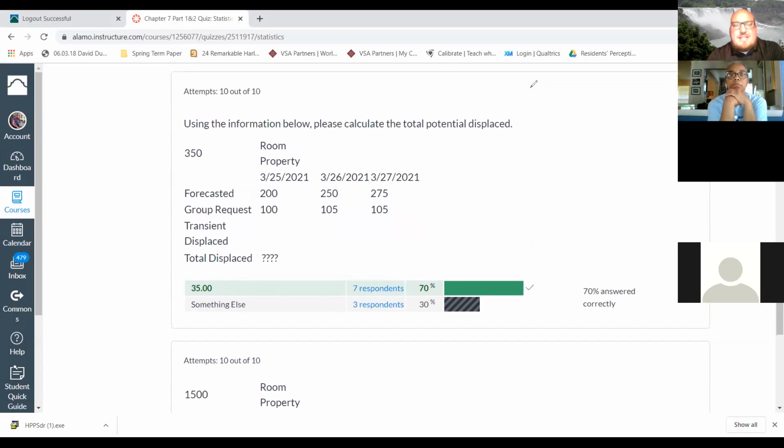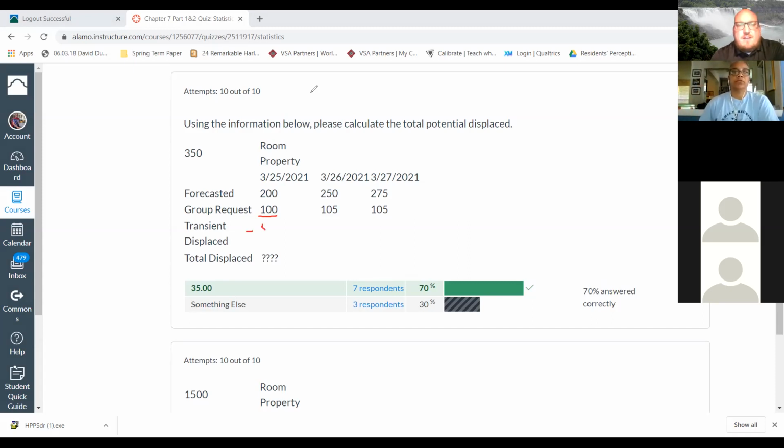This one, I don't know exactly what the something else is, but I'm assuming it's going to be related to one of these that's going to be a negative number, okay? So 200 plus 100 is what? $300. Thank you. 300 minus 350 gives us a?